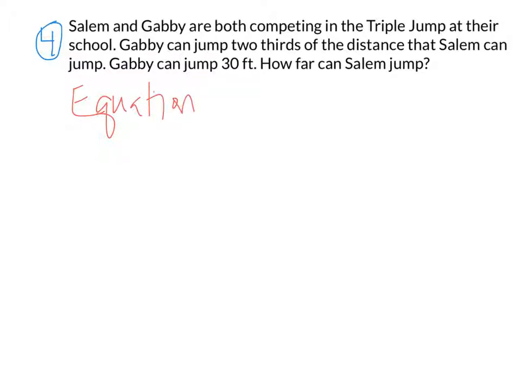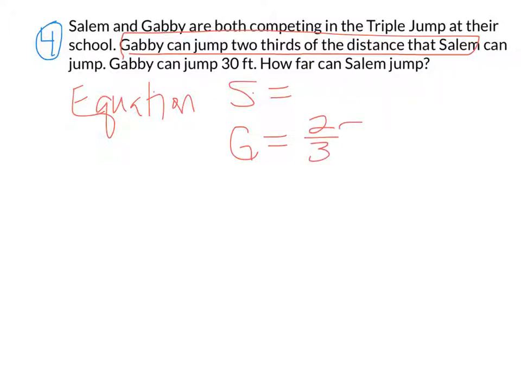First of all, we have two people. We have Salem, and we have Gabby. Gabby can jump 2/3 the distance of Salem. So Gabby equals 2/3 the distance of Salem. That's what that says.